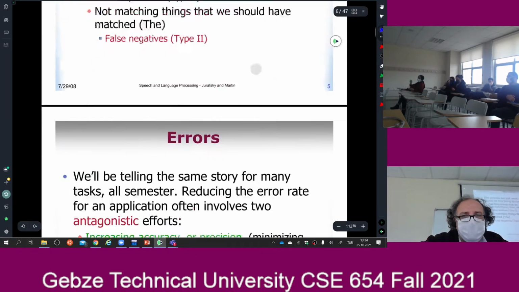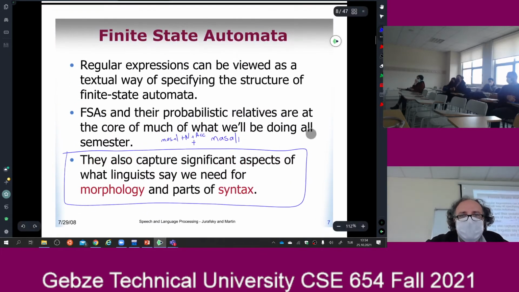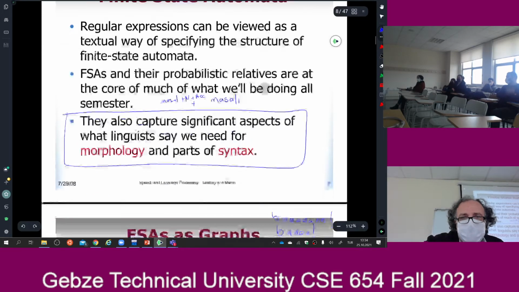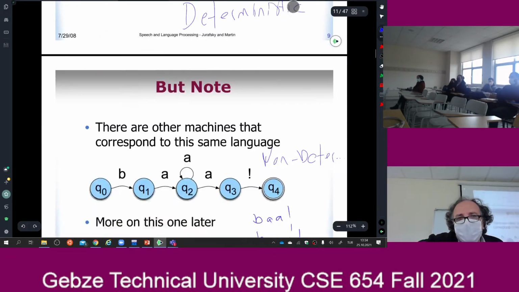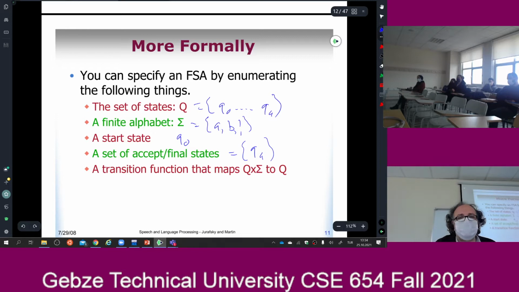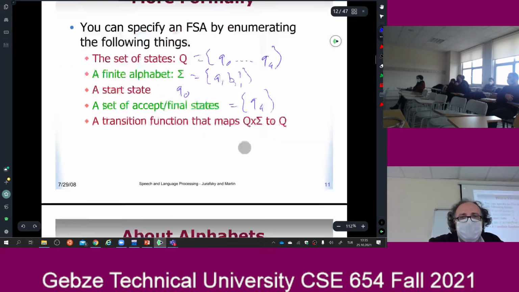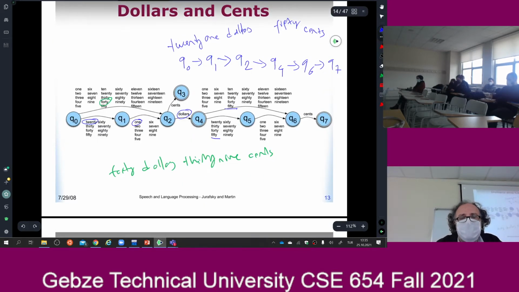It was kind of a review of finite state automata, and formally we defined them with five elements: the set of states, a finite alphabet, a start state, a number of accept or final states, and the transition function, the cross product of Q, the set of states, and the alphabet, to Q again.